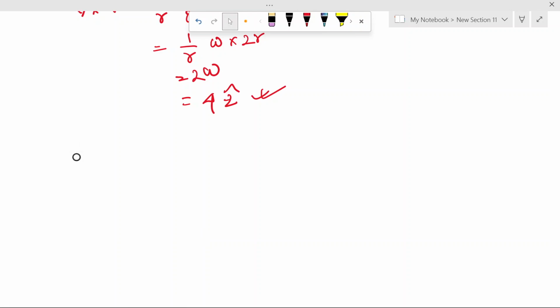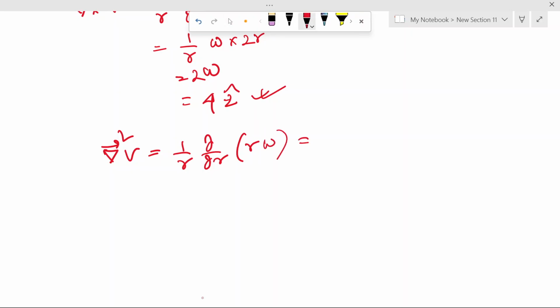You can use the formula again and see that only the first term of del squared V matters, which is 1 by R del R of R into del V del R. That is omega basically, so R cancels, giving omega by R. And at R equal to 1.5, that means 15 by 10, sorry, it is basically 3 by 2.